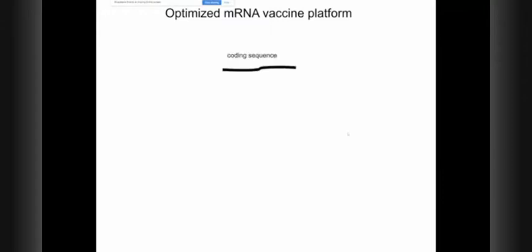The messenger RNA is in vitro transcribed from a plasmid DNA template that has the antigen coding sequence. It also encodes the 5' and 3' UTR elements of the messenger RNA, and these are absolutely critical for mRNA's increased stability and translatability.